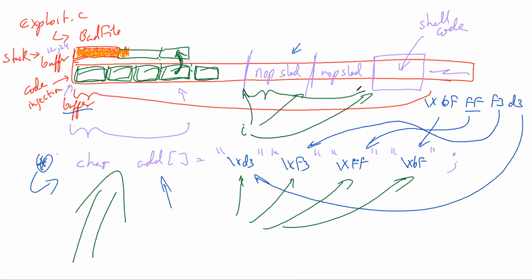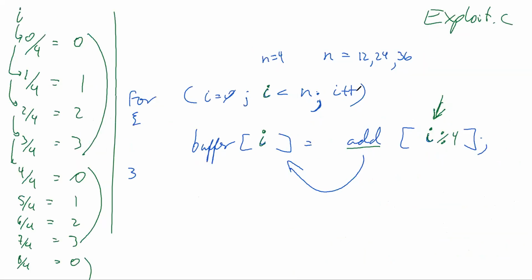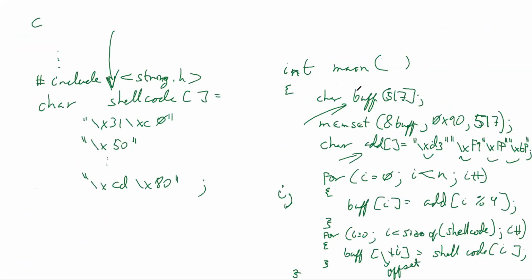The range is from 0 to 517. So pick a number in there, kind of play with it until you figure it out. And that's it. This is actually the code that goes in exploit.c. Okay, that's the code that goes there.